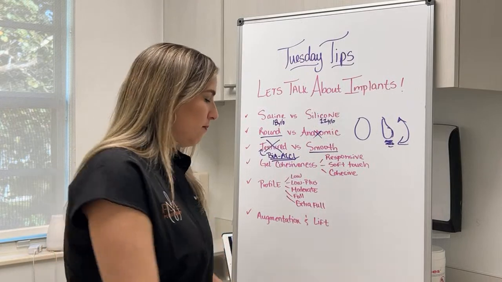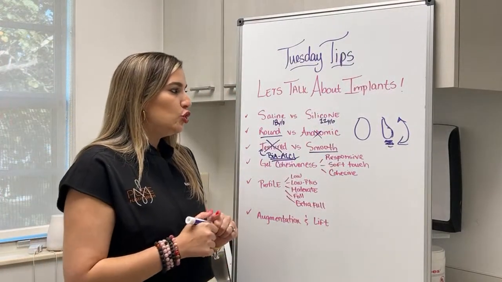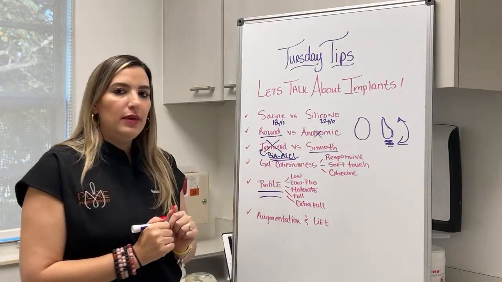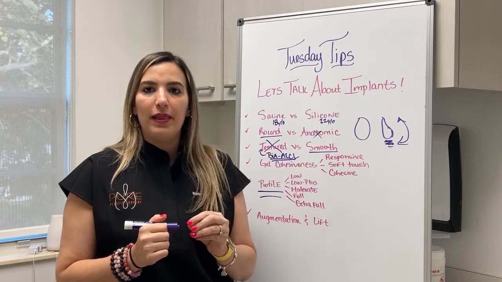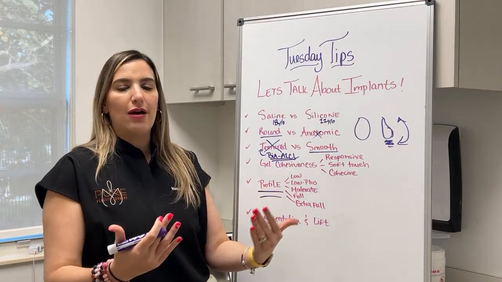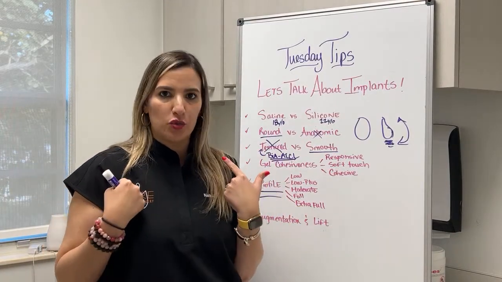So let's talk about the other important, and I think one of the most important things to choose: the profile. The profile means how much the implant goes from the bottom to the outside, so how much it projects from your chest wall.